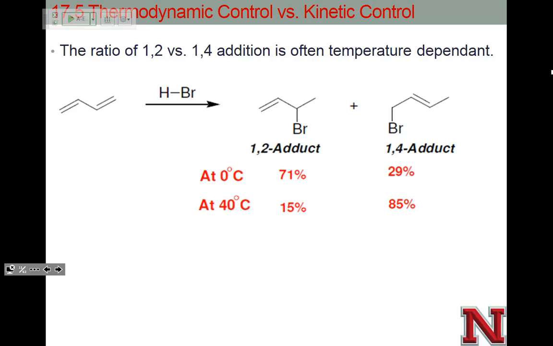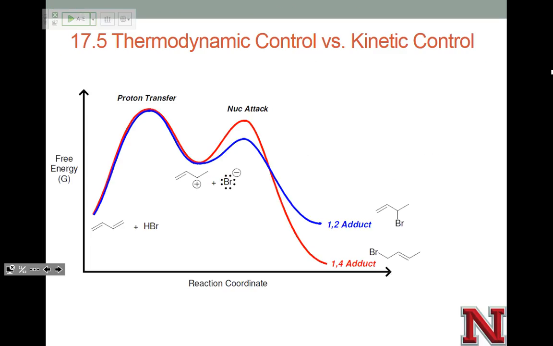So with that, we can actually use temperature to control forming the 1,4, or forming the thermodynamic product versus the kinetic product. So let's look at that based on the thermal heat diagram. Now the first step is irrelevant in this because the addition of the hydrogen to the diene is going to go through the same transition state because we're forming the carbocation.